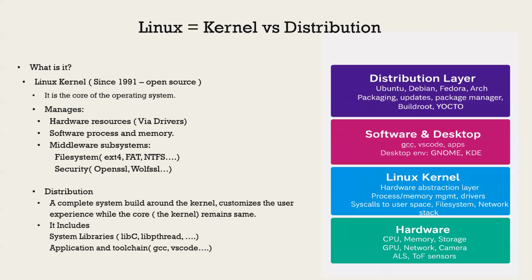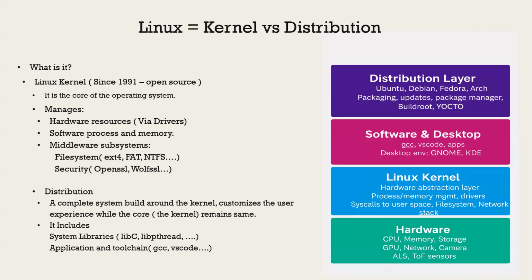So basically, different companies, which are known as distributions themselves, came and took the core Linux kernel and modified the shell as per their need or based on the customer's requirement, and they distributed those to the users.